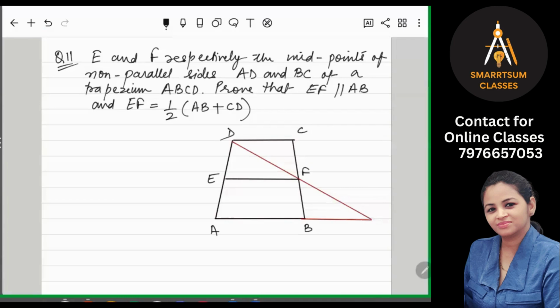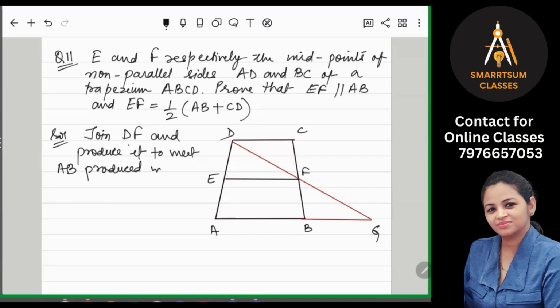Suppose this point is G. So write down: join DF and produce it to meet AB produced in G. So we have produced both of them, DF and AB, and they are meeting at the point G.